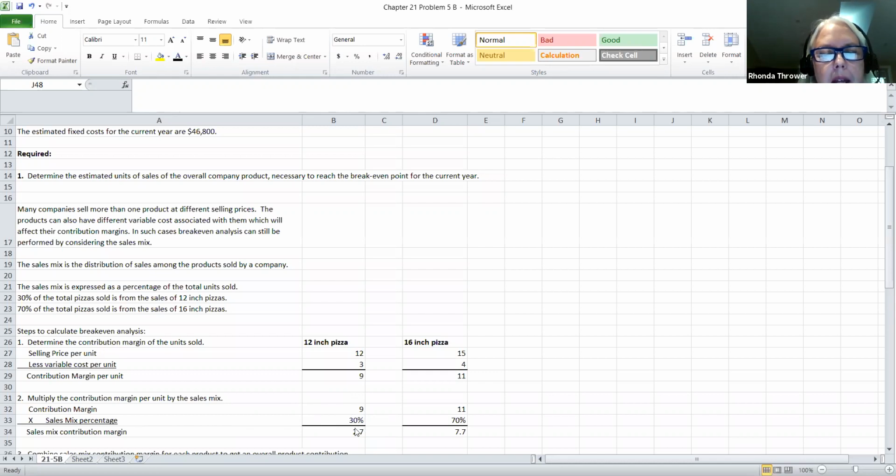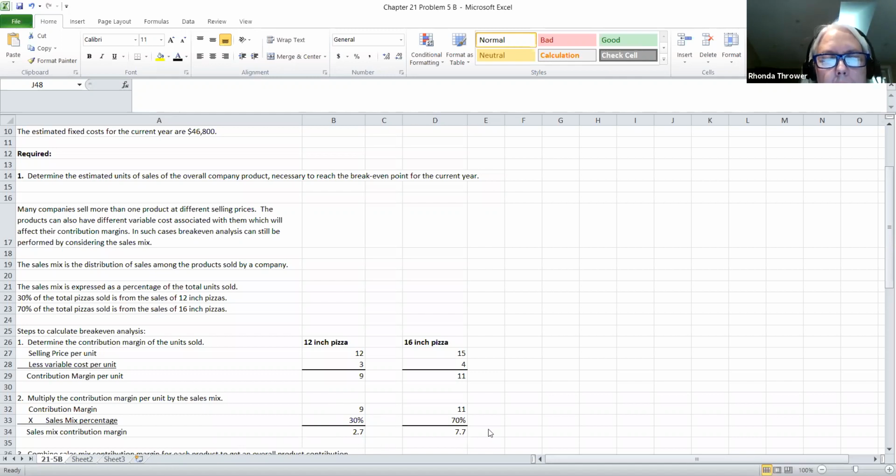If you multiply that by the $9, that tells you that for this company's overall 12-inch pizzas will contribute $2.70 toward the income from operations of the company.